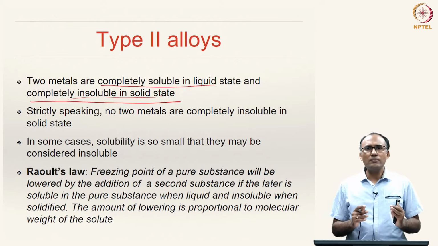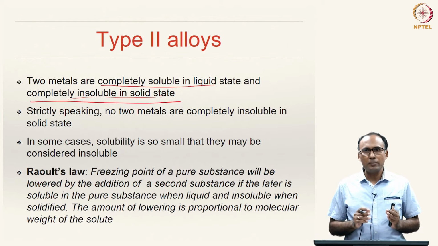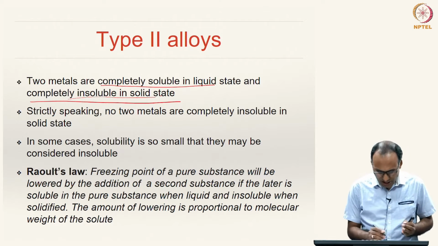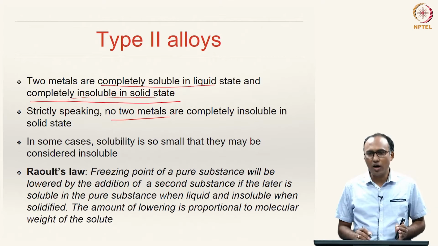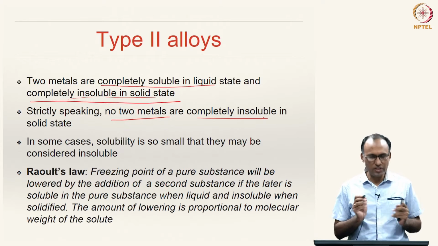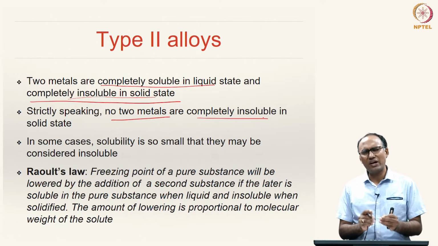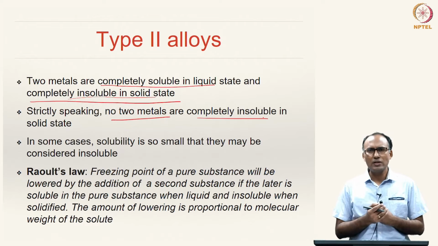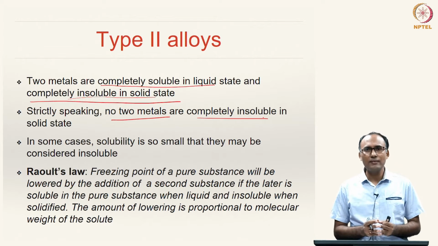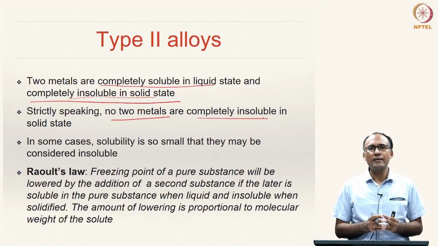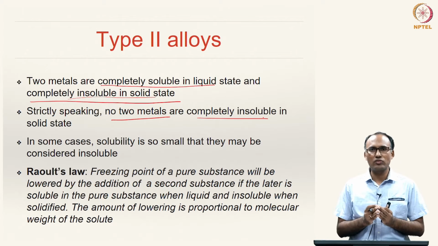This is a model system that we are choosing to study, because in reality, strictly speaking, no two metals are completely insoluble in solid state. It is not possible to have complete insolubility. There may be a very tiny fractional amount of solubility, so strictly speaking we cannot say that there is complete insolubility in solid state.